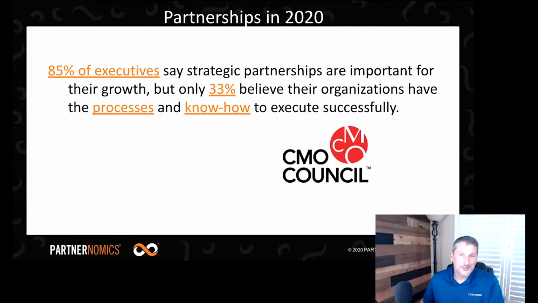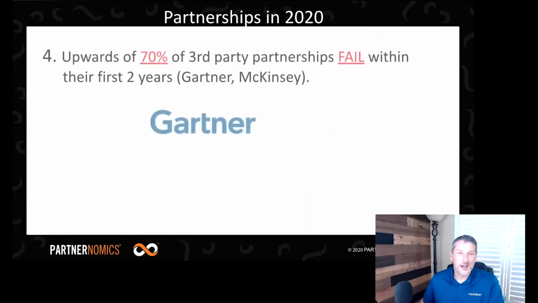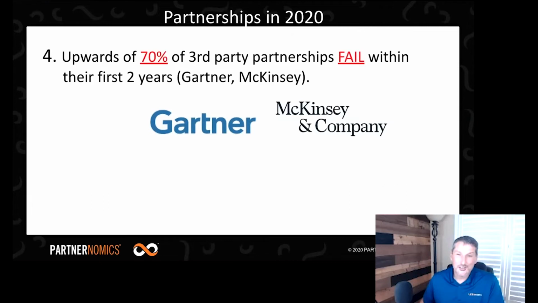What's really interesting, and I don't know if we can call it ironic, is that that's essentially what the success rate is. To look at this from the flip side, there have been dozens and dozens of studies done over the past decade looking at partnership failure, and upwards of 70%, and some studies say even 75%, of third-party partnerships, these strategic partnerships between different organizations, end in failure within 2 years.